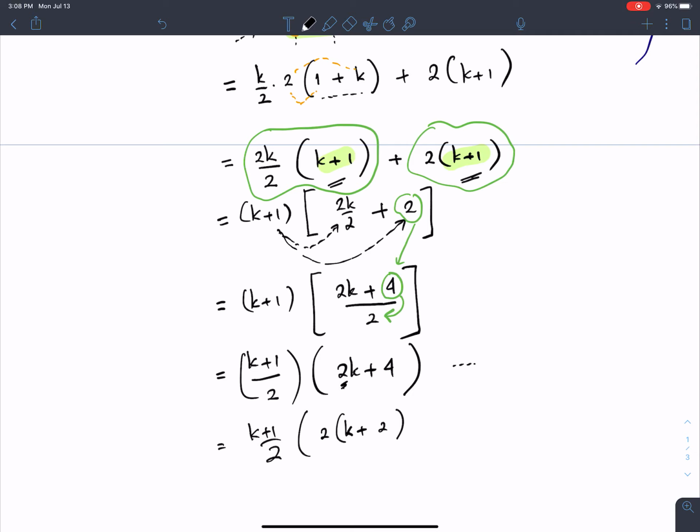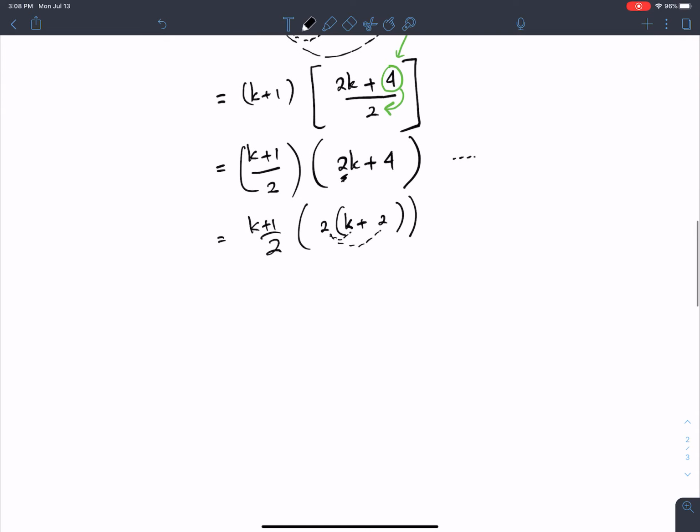So if we multiply 2k, 4. So it's still the same value. Alright. So again, we manipulate continuously. We have k plus 1 over 2. Then over here, I'm going to do k plus 1 plus 1.